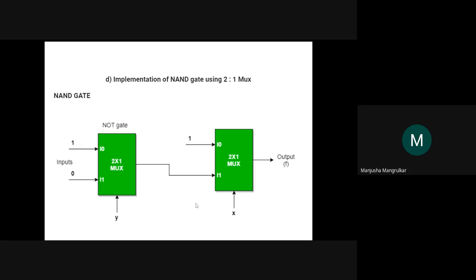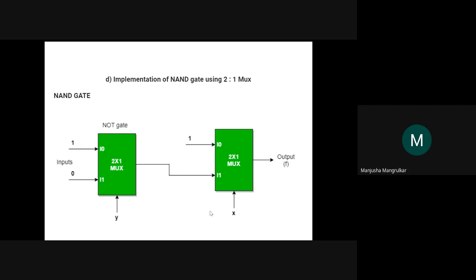So I don't consider whatever signal comes; if x is equal to 0, my output will be 1. In the second condition, if x is equal to 1 and y is equal to 0, then my output will be 1. If x is equal to 1 and y is equal to 1, my output will be 0. So it is the complement of y.